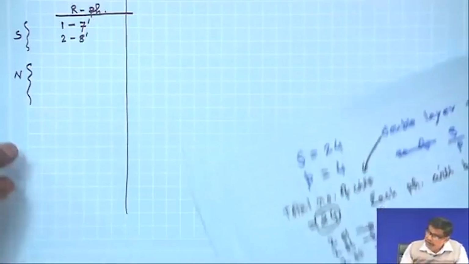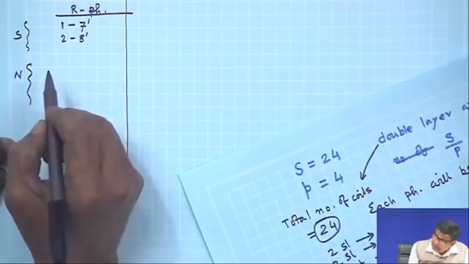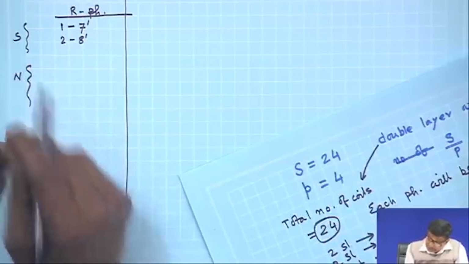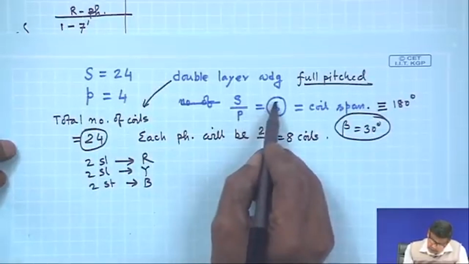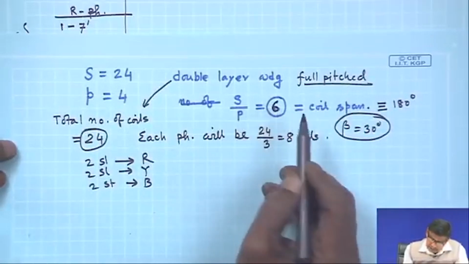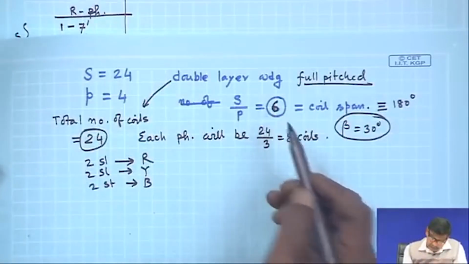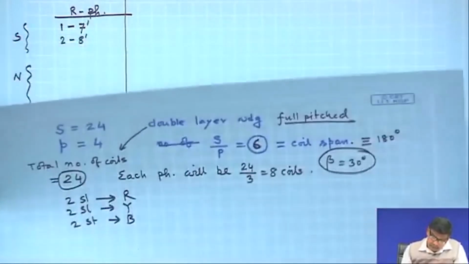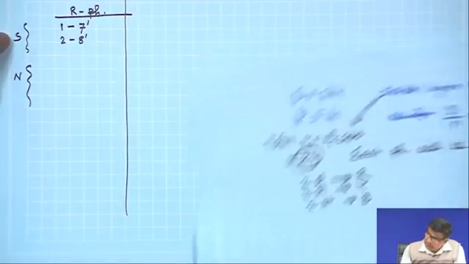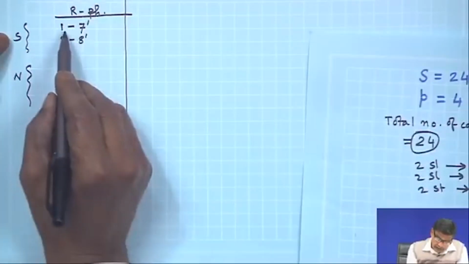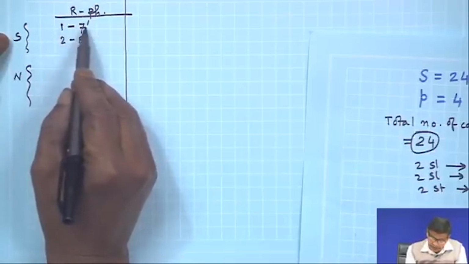So, it will be 7. Slots per pole is 6, so 7 it will be. Here I have not made any mistake: 1, 7 dash.